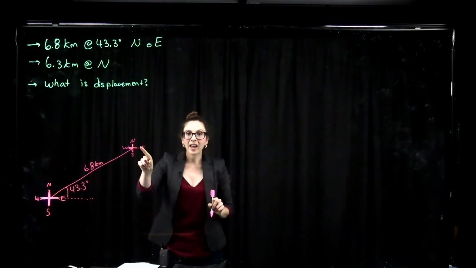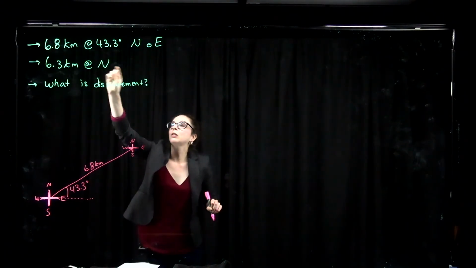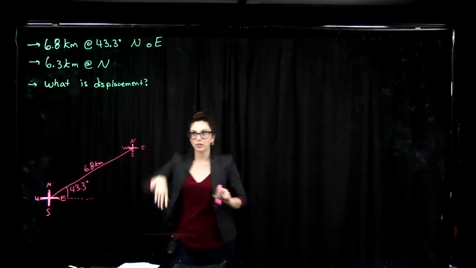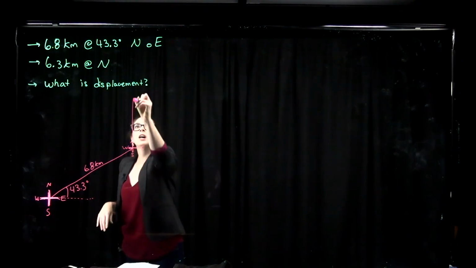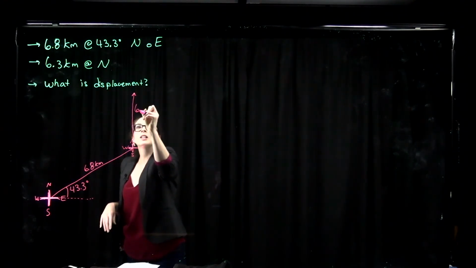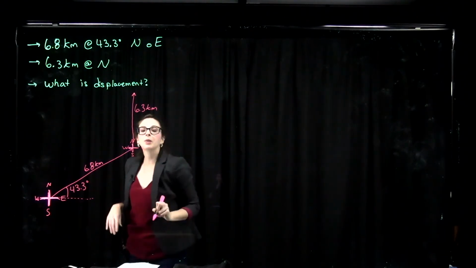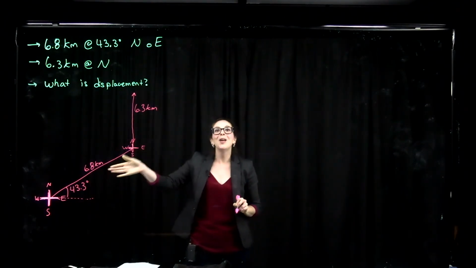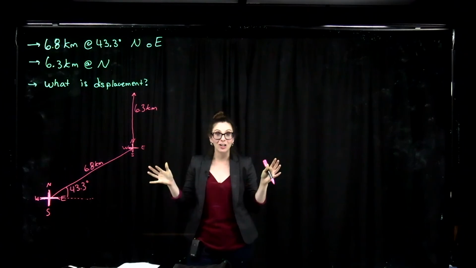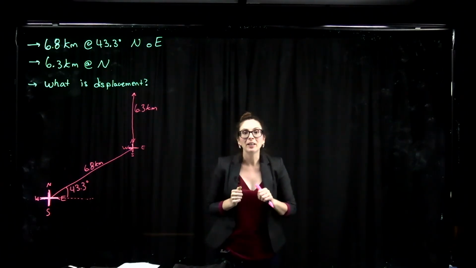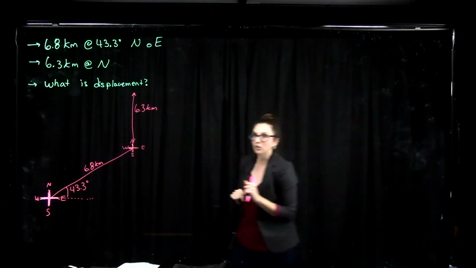And then from here, I'm going to go 6.3 kilometers due north. So I'm going to go just up here, and that's 6.3 kilometers. Now, I know these vectors are not to scale. I'm just drawing them here to give us some sense of direction.